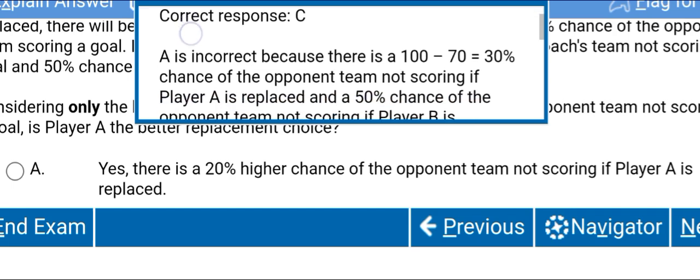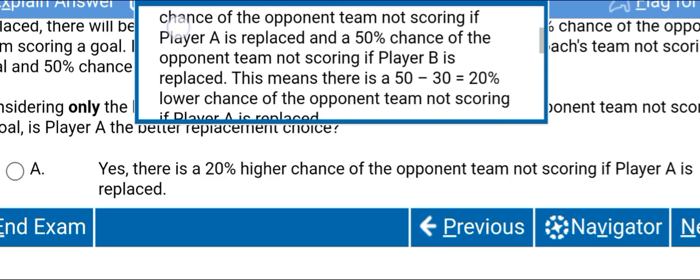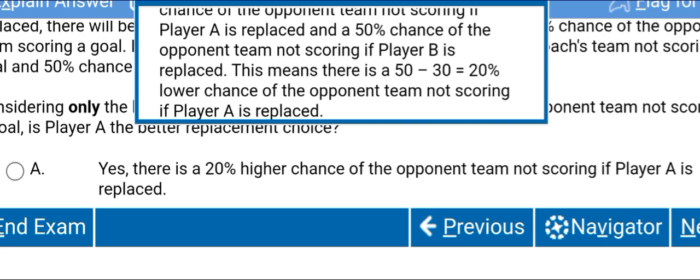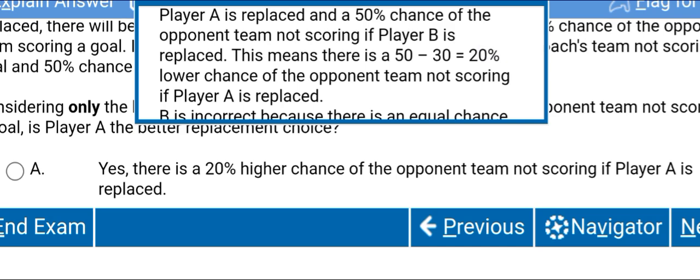Option A is incorrect because there is a 100 minus 70 equals 30% chance of the opponent team not scoring if player A is replaced and a 50% chance of the opponent team not scoring if player B is replaced. This means there is a 50 minus 30 equals 20% lower chance of the opponent team not scoring if player A is replaced.